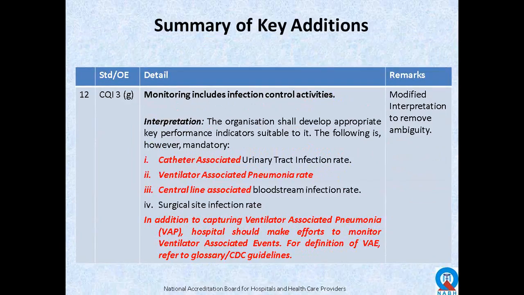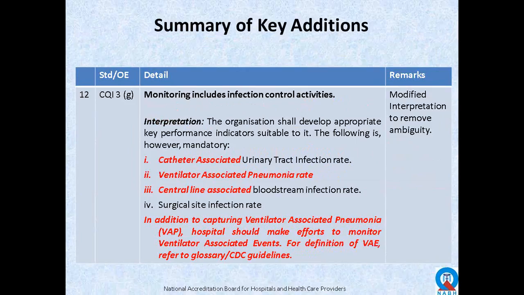CQI 3G, monitoring includes infection control activities. Again, the modification here is that it's all associated: catheter associated, ventilator associated pneumonia, central line associated bloodstream infections. In addition, please note, this is something which has been added here after a lot of deliberation.